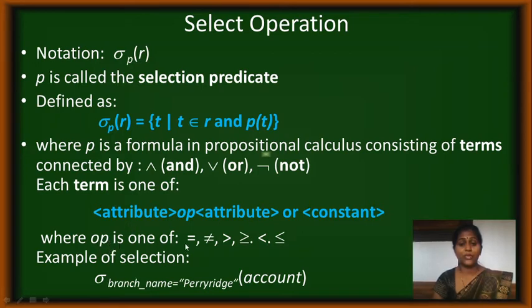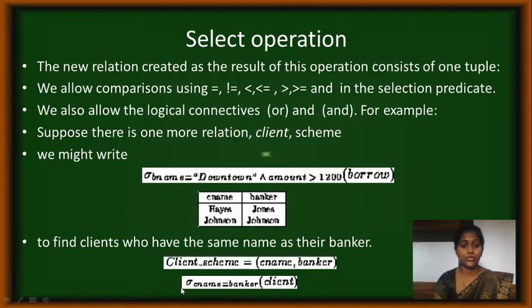What are these operations? Equal to, not equal to, greater than, greater than or equal to, less than, or less than or equal to. These operations will be considered. See the example here where branch name is equal to Perryridge from the account table. So the equal to symbol has been used.